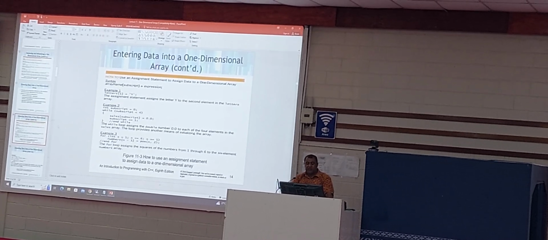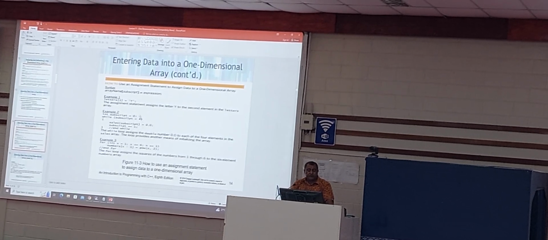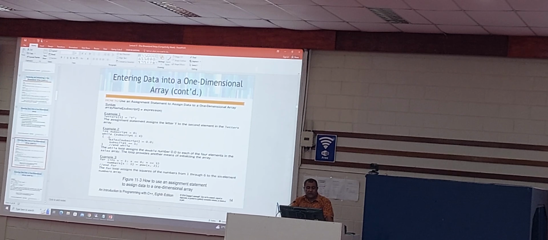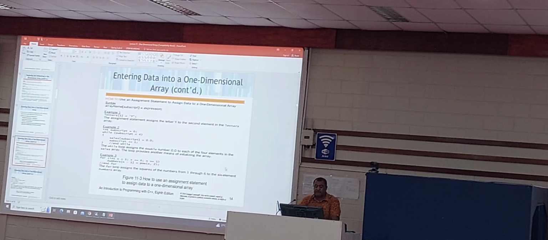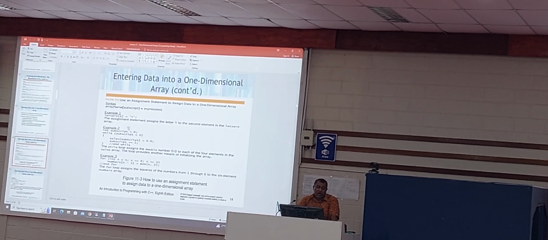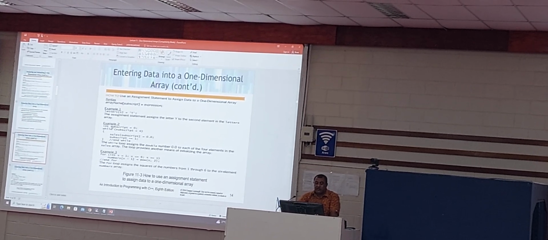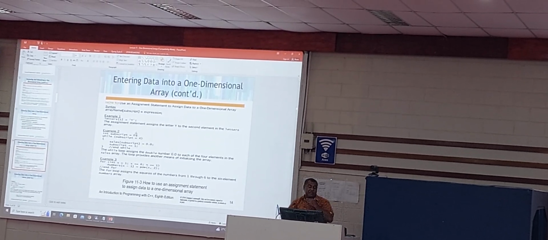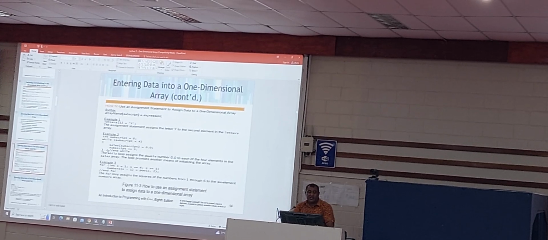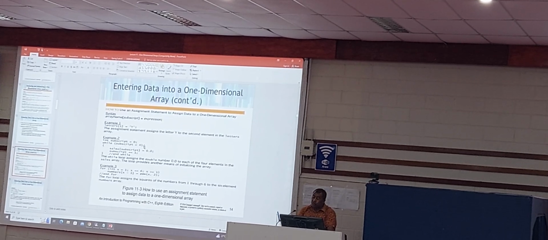So here is an example. Here we are populating the array with a loop. Subscript is equal to 0, while subscript is less than 4. So how many elements altogether are we able to put in? The first subscript is 0, which is the first position inside the array, while subscript is less than 4, that means up to 3, from 0 to 3.